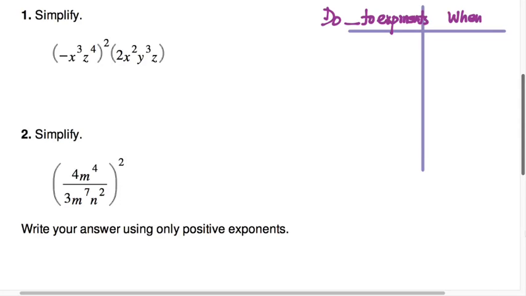When what? In the example that we just solved, we saw one case in which exponents were being added. We saw another case when exponents were being multiplied.